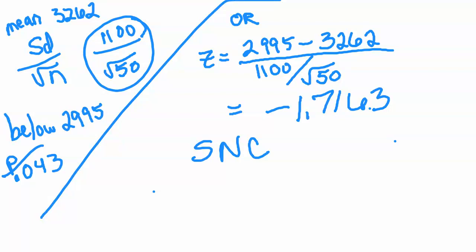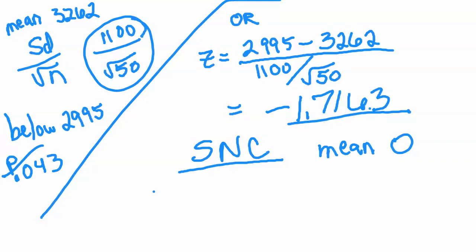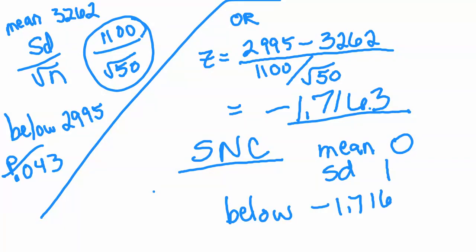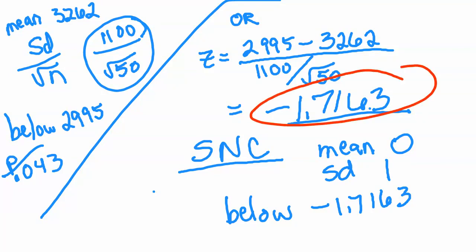Or I could do the z-score and get this for z, and then go to the standard normal calculator, which means the mean is 0, standard deviation was 1, and then I did below negative 1.7163 because this is the z-score for that number. And I got the same answer.